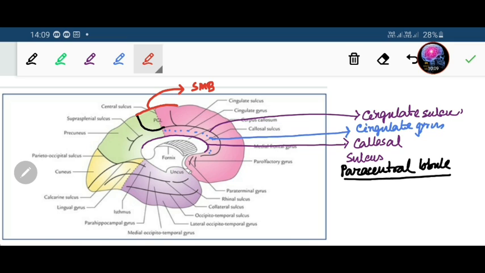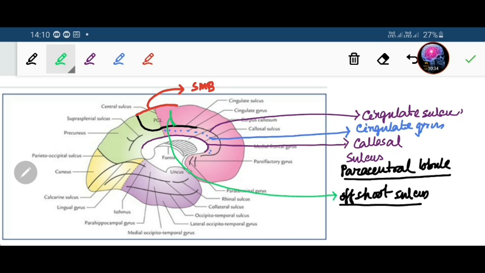An offshoot sulcus, this one, springs upward from the cingulate sulcus and is running upward.